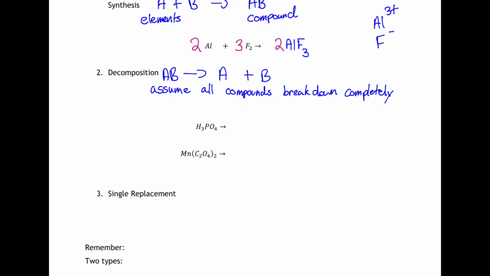So we're going to break this down into H's. Now, we have to check for diatomics. It's the only one I'm going to make you check first. Is H one of the diatomics? Does it come in pairs? Yes, H does come in pairs. So this is an H2 compound. Does phosphorus come in pairs? Not usually.